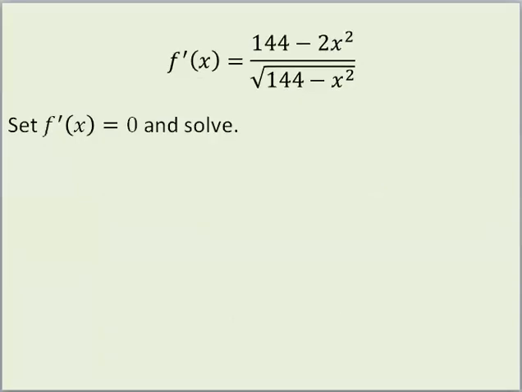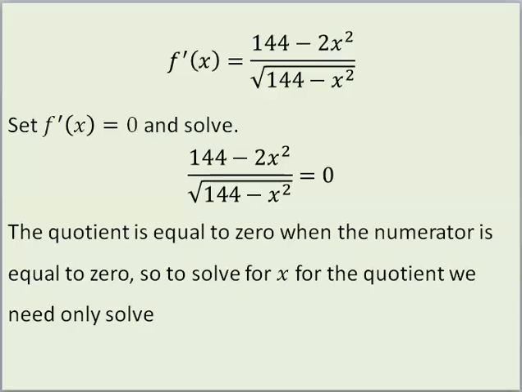We are now ready to set f prime equal to 0 and solve. The quotient is equal to 0 when the numerator is equal to 0. So to solve for x, for the quotient, we need only solve 144 minus 2x squared equals 0.